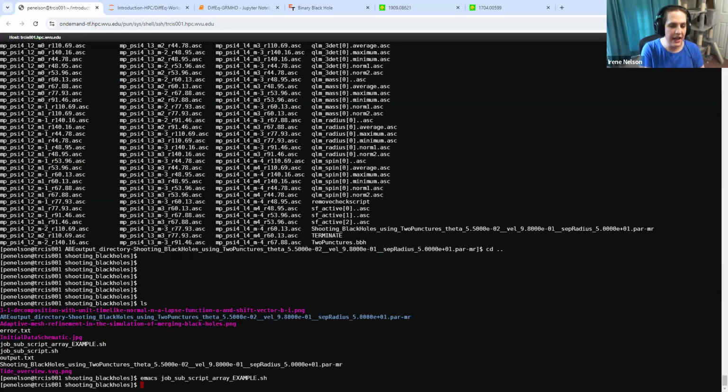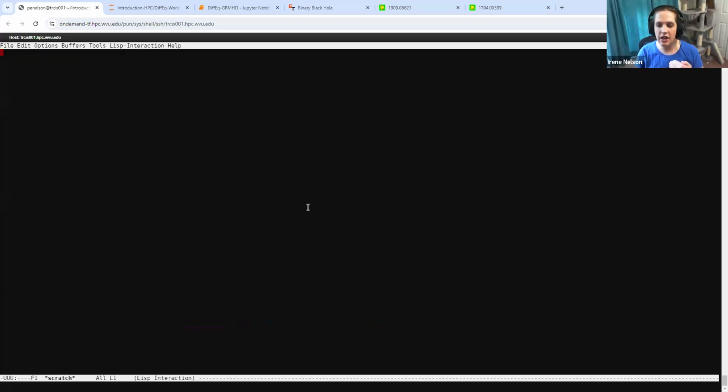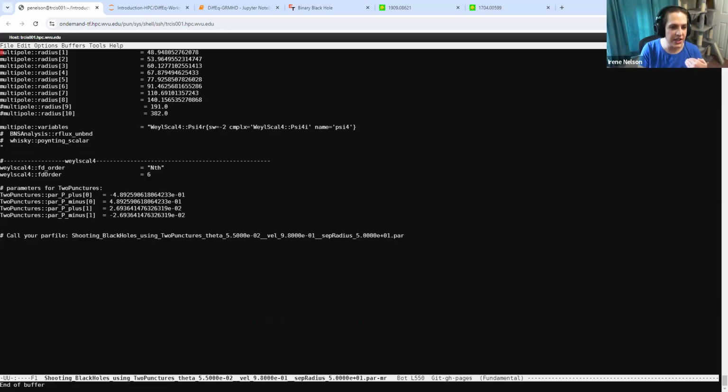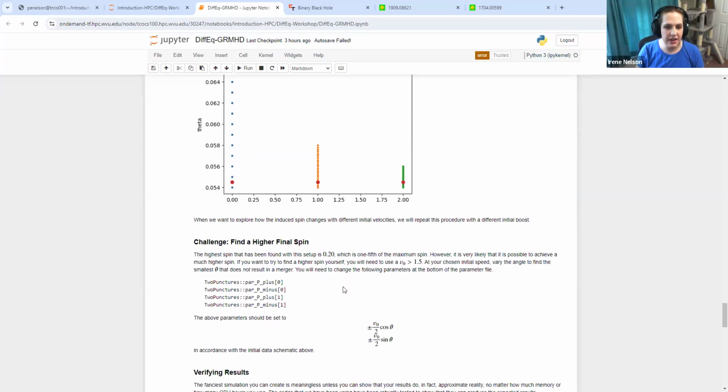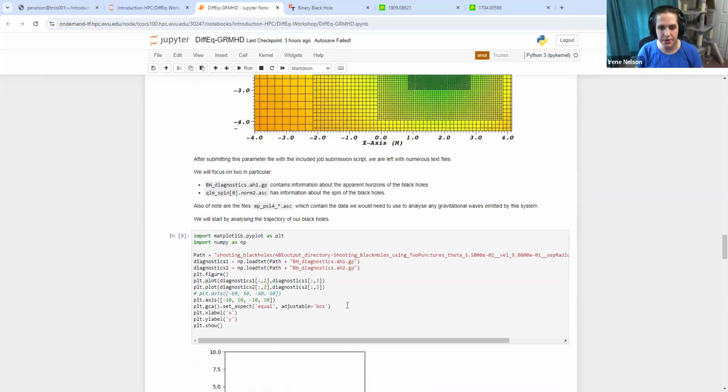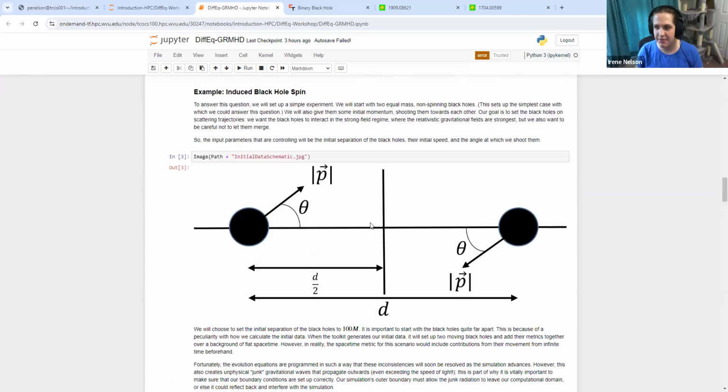And then when we go to edit our parameter file, the options that we're going to use to change that shooting angle, we're going to be changing these components of the initial momentum, and we're going to be setting those to plus or minus v0/2 times the cosine or sine of theta, according to the initial data schematic that we have here.